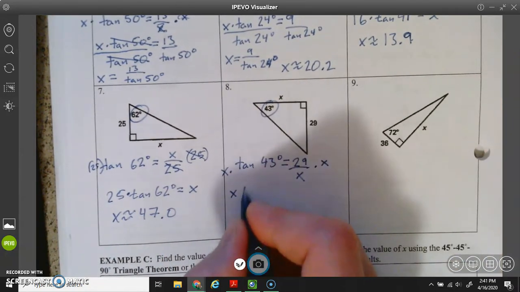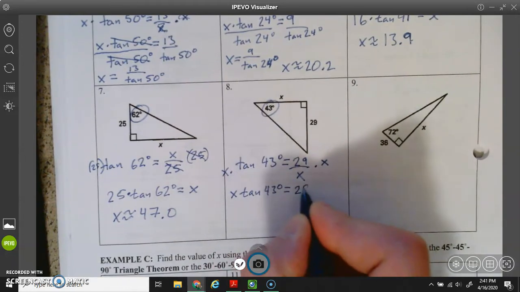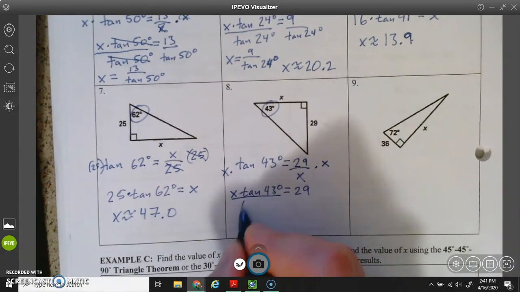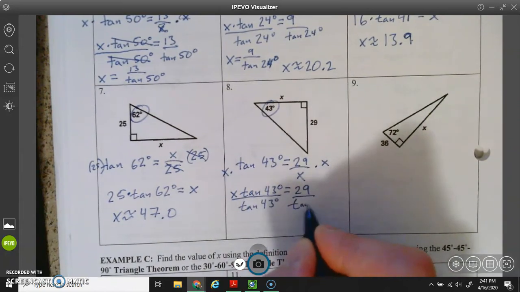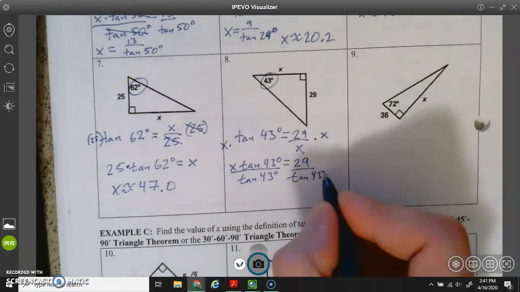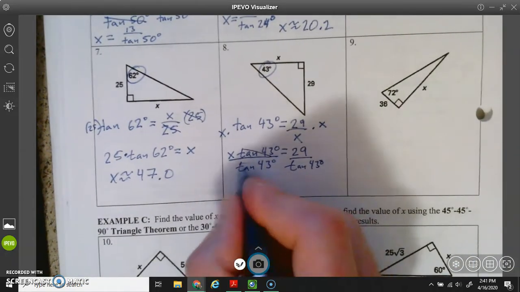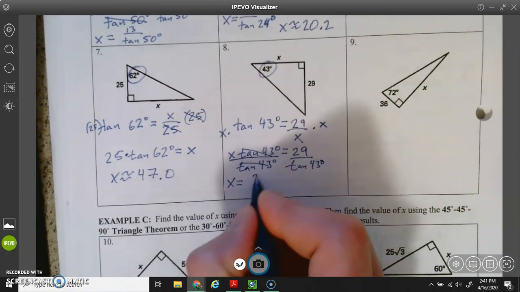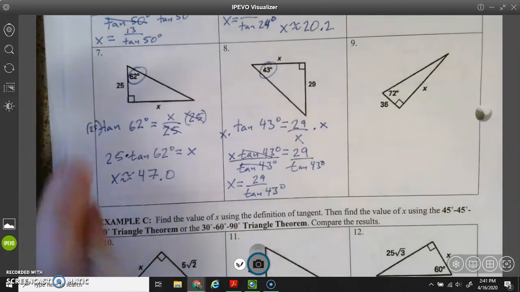So we have x times tangent of 43 degrees is equal to 29, and now we need to divide by tangent of 43 degrees on both sides. Those cancel. So I have x equals 29 over tangent of 43 degrees.